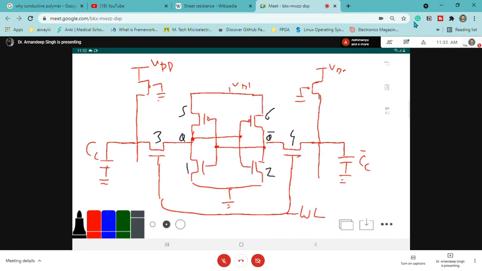Okay, so this is your CMOS SRAM. It is called 6T SRAM because it is using 6 transistors.